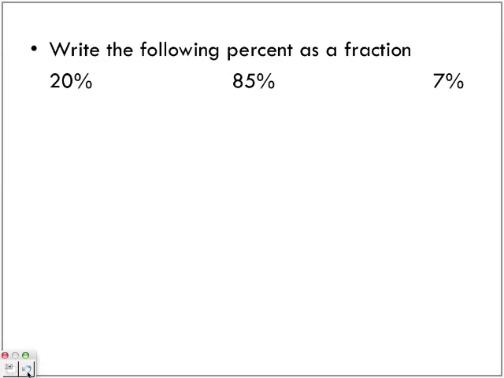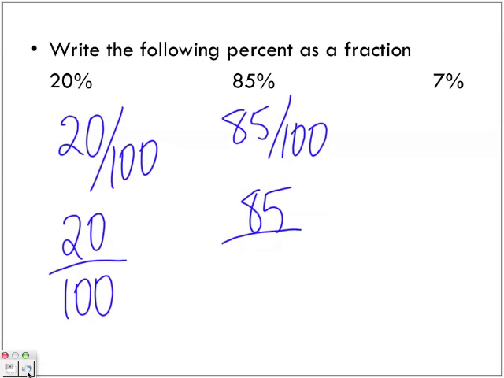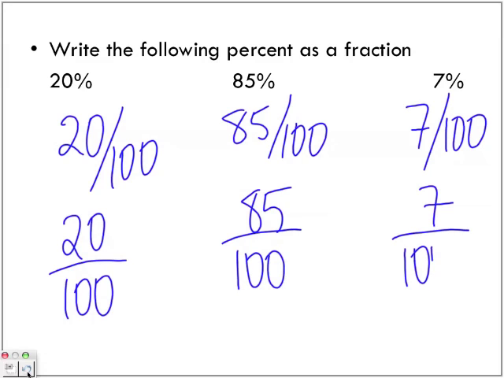So if it's 20%, it's 20 per 100, or we write it down as 20 over 100. 85% means 85 per 100, or 85 over 100. 7%, same thing: 7 per 100, or 7 over 100. So that's another way of writing percent as a fraction. Pretty simple, right? So far, so good.